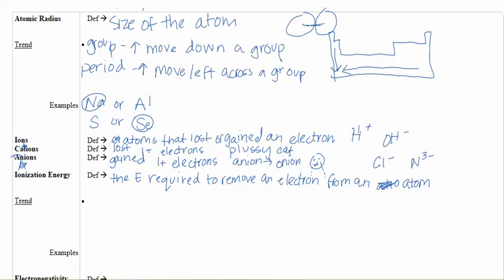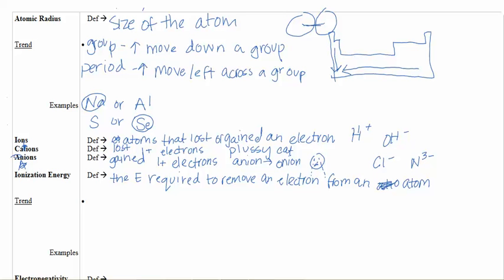Ionization energy increases as you remove the second and the third electron, but we are only going to talk about when you remove that very first electron. So it's the energy required to remove an electron from an atom. So this is making cations.